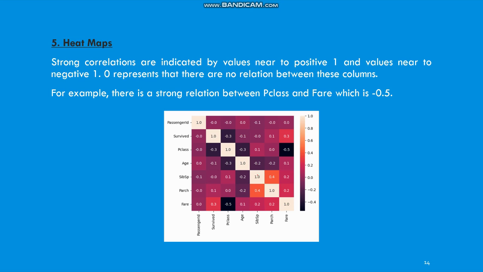Heat maps: we'll see how to read them and how to find the correlation between two columns, whether the relation is strong or not. 1 represents that the relationship is very strong, and -1 also represents a very strong relationship. 0 represents that there is no relation between two columns.